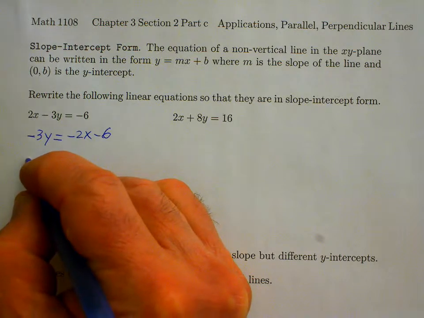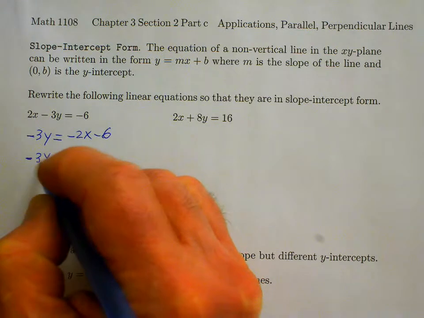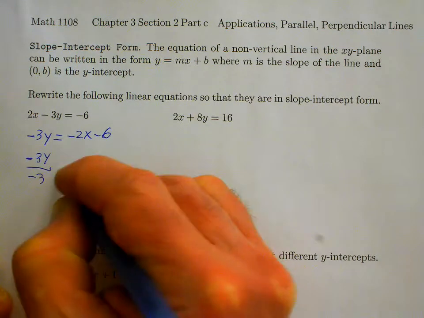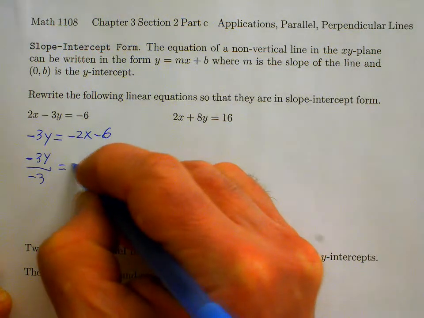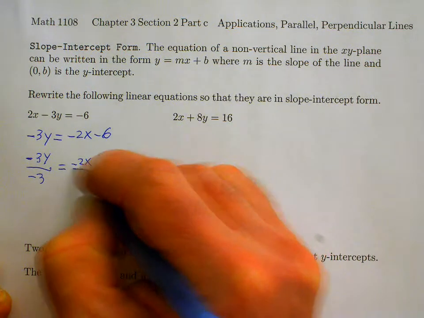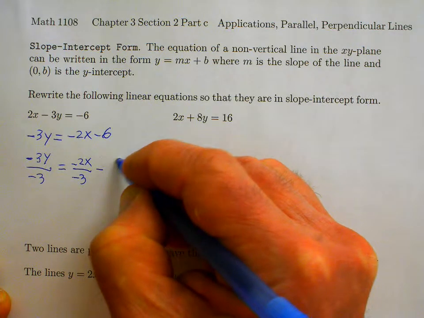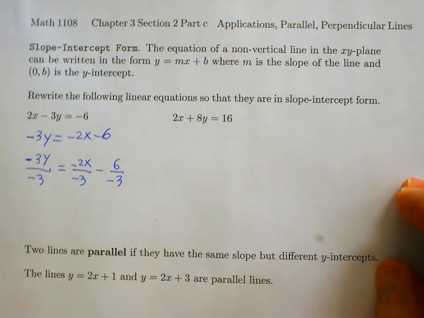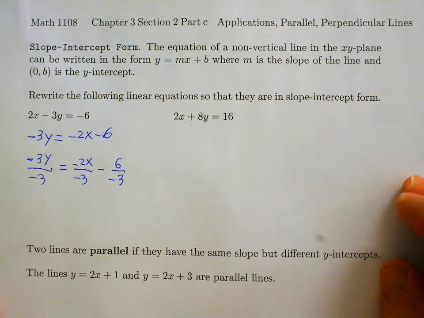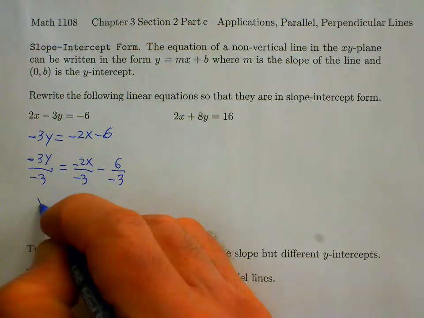For this next step, I'll go into a little more detail than is necessary. Divide negative 3y by negative 3. And on the right-hand side, negative 2x divided by negative 3, and then minus 6 divided by negative 3. Negative 3y divided by negative 3 is y, 1y.